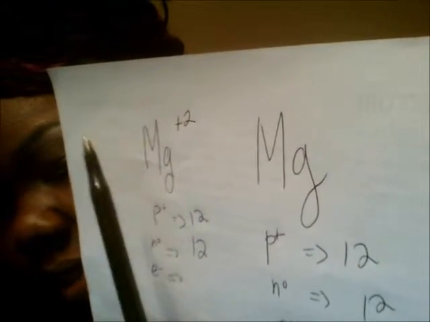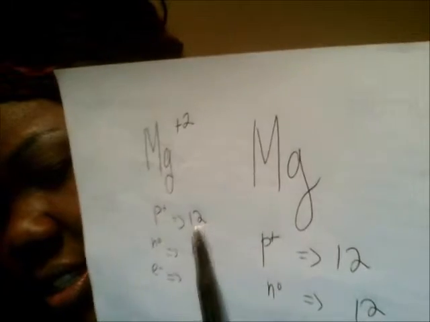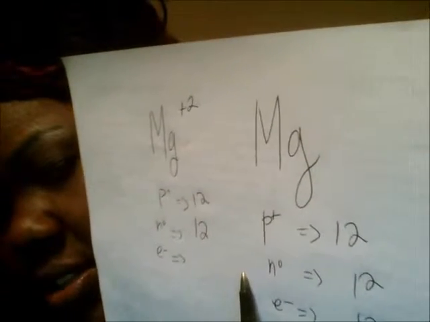I need 2 more positives than negatives. I need 2 more protons than electrons. How many electrons? Did you say 10? If you said 10, you are amazing because you are right. We would have 10 electrons.